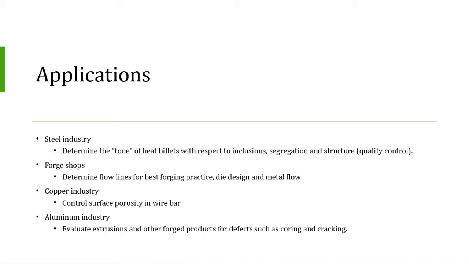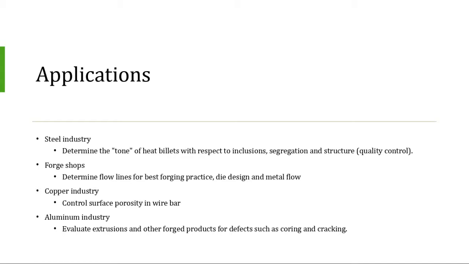Copper industry, not everything is derived around the steel industry, but the copper industry does it for control of porosity in wire bar, and the aluminum industry uses it to evaluate their extrusion process or other forging products for defects such as coring and or cracking.